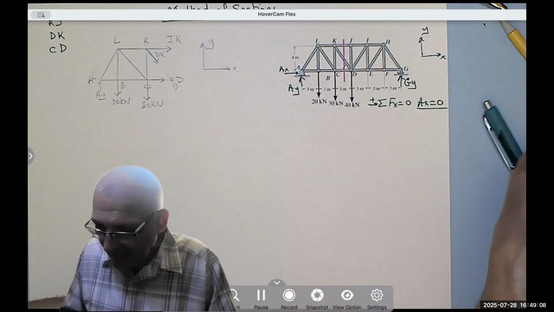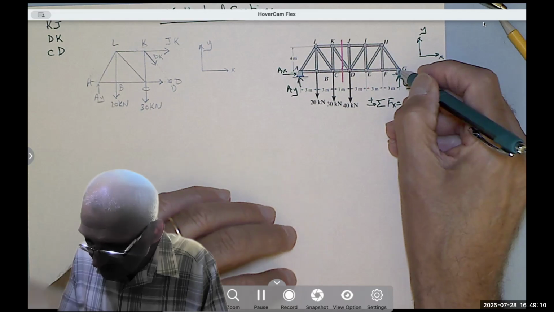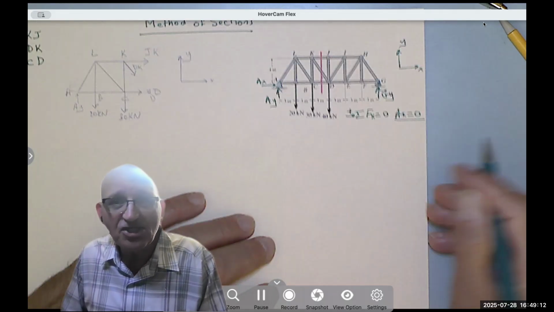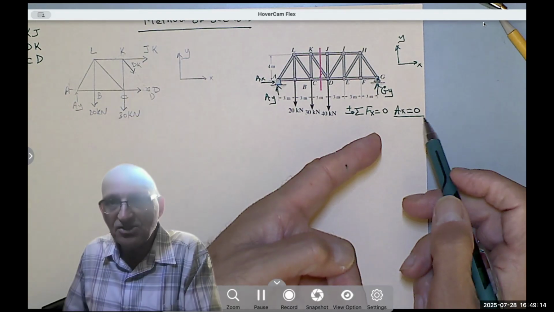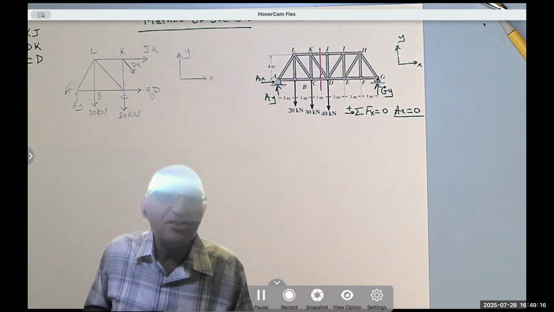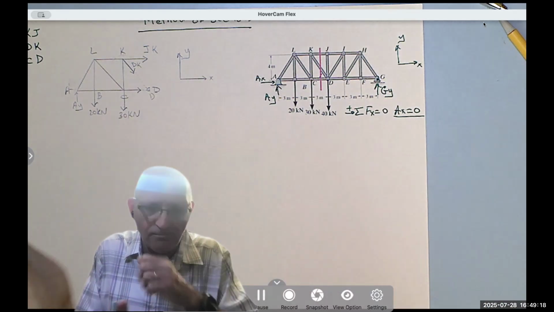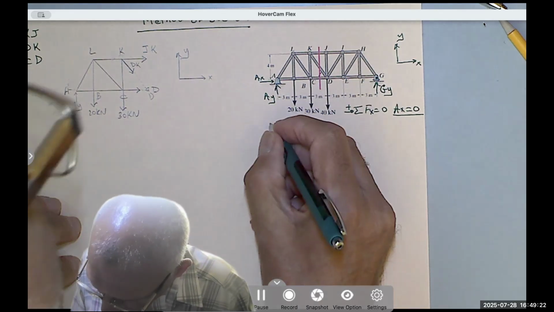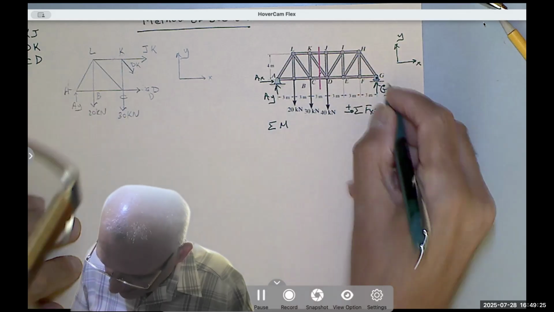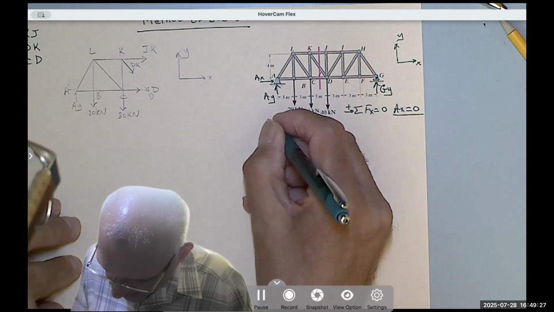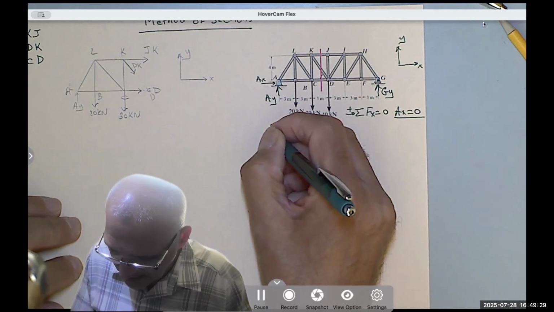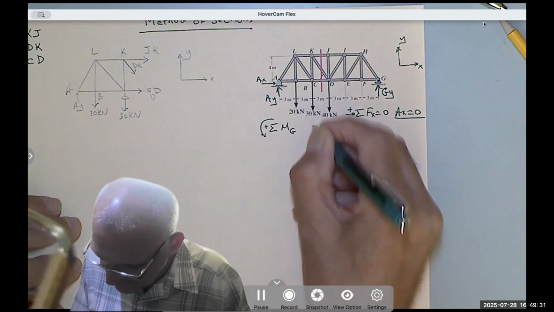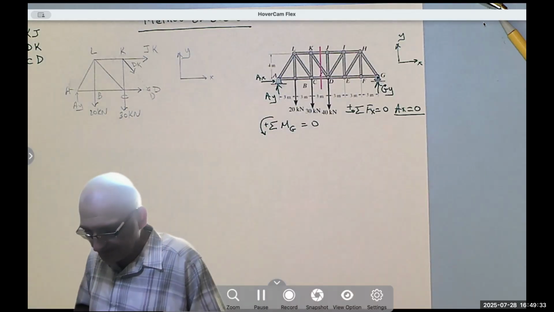In fact, after that, I'm going to take the moment about point G. Why point G? Because I'm not interested in GY. It's not attached to my truss or my portion of the truss. So I take the summation of the moments about point G, counterclockwise is positive, and equate that to 0.